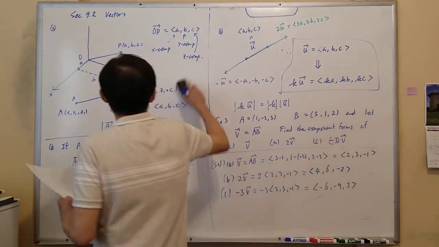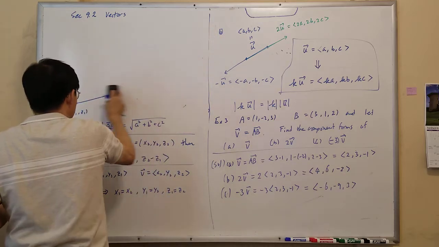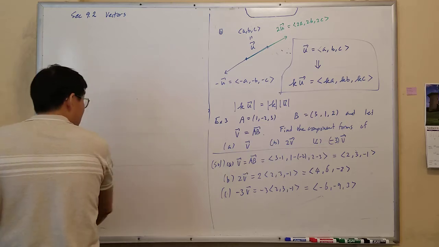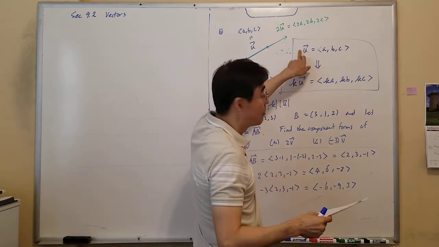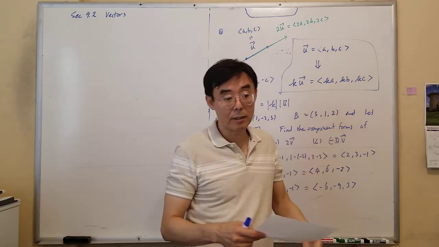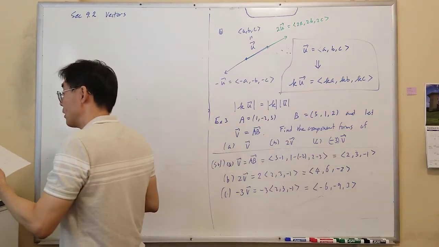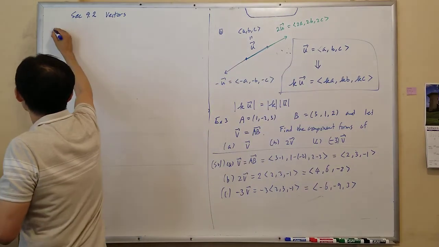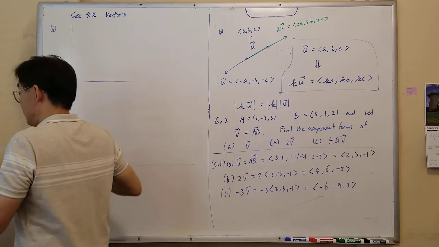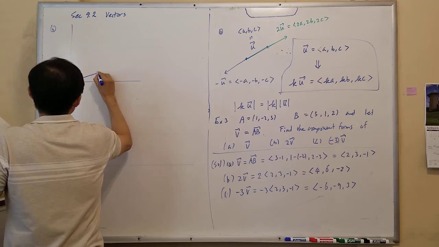Now, constant multiplication can be done in component form really easily, right? k times vector u is just k times each component. Then you get the component form of a scalar multiple of a vector. What about vector addition in component form? I'm going to give you this.